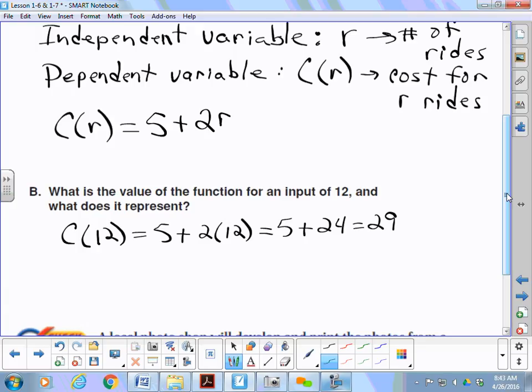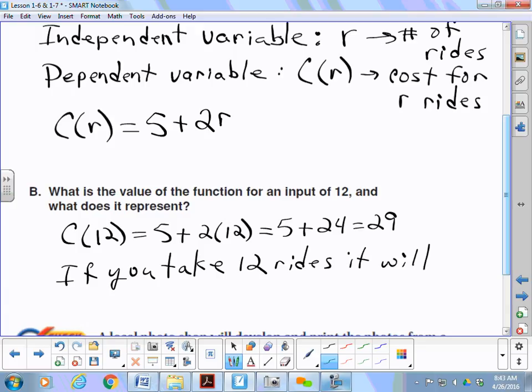Okay, that's pretty close. That's not bad, all right? So if you take 12 rides, it will cost you $29. Right? If I go on 12 rides, it will cost me $29. Right? It needs to be a complete sentence there to the best of your ability. Okay? All right.